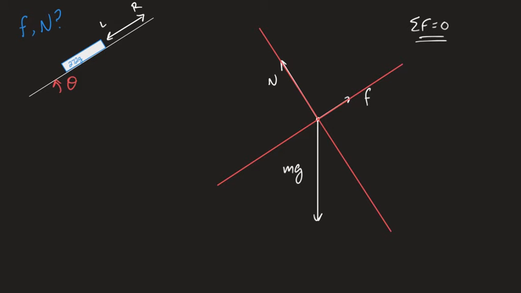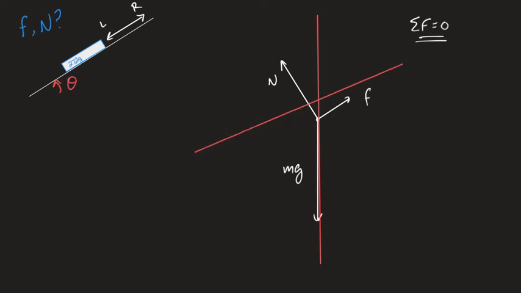I want you to remember that at one time, we started out with the axes aligned with the weight. Like that, right? Would you agree that the horizontal one is lined up with the horizontal line there that goes with the ramp?